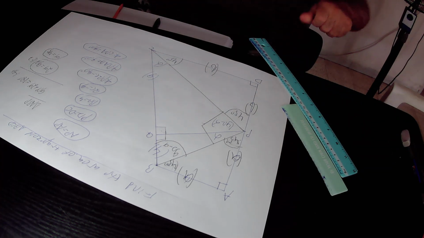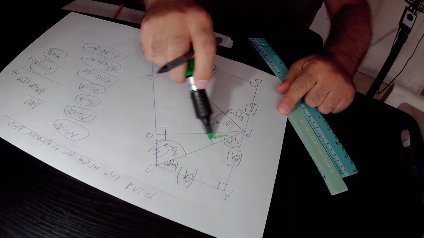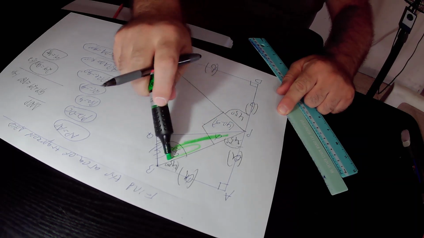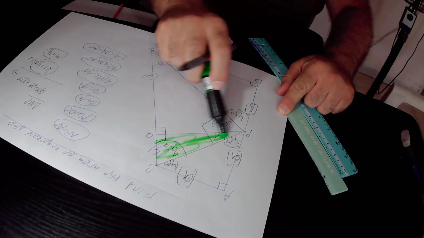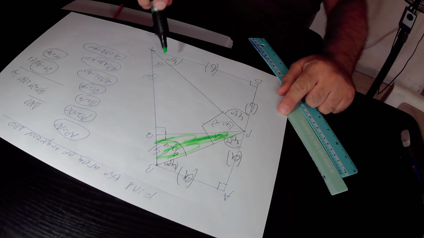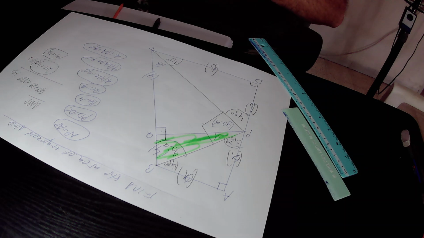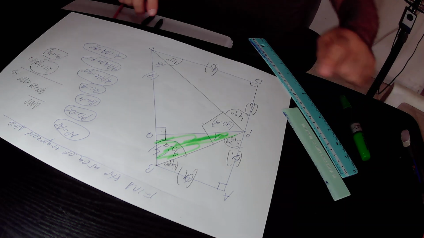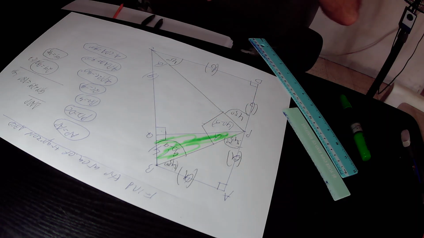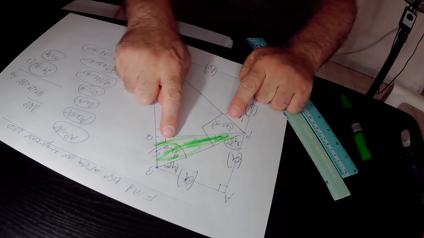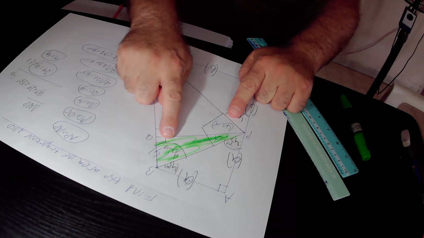In the next step, we'll prove that the small green right triangle PQB is similar to the big right triangle PQC. It is very easy to see from the drawing, but I will prove it anyway. So why are those two right triangles similar to each other? First of all, those two angles are both equal to 90 degrees minus alpha, therefore they are equal to each other.